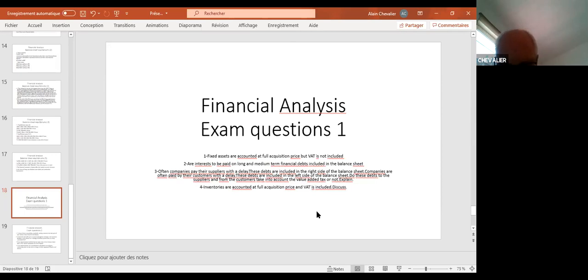Point 4, this is also something we have been through yesterday. Inventories are accounted at full acquisition price and VAT is included. Discuss. It's a question which is not always very well understood, but inventories are not considered as receivables.